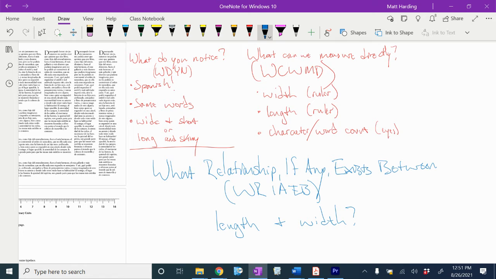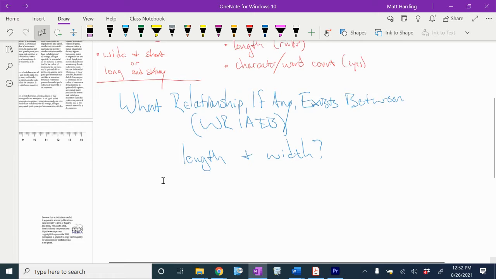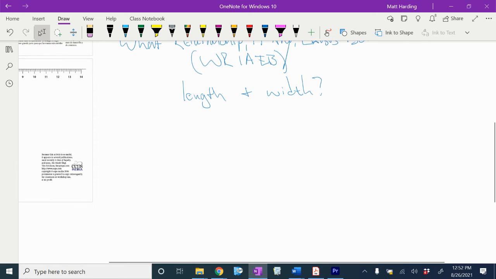So then the other thing that we need to do is pre-plan our graph. What will that look like? Scroll, bruh. There we go. So length and width. All right, Feng Shuo, what do you want to put on the vertical axis?